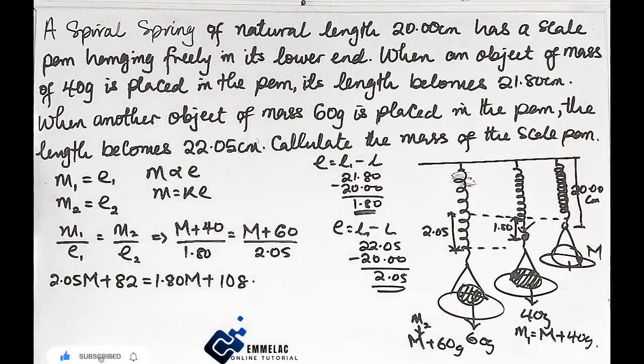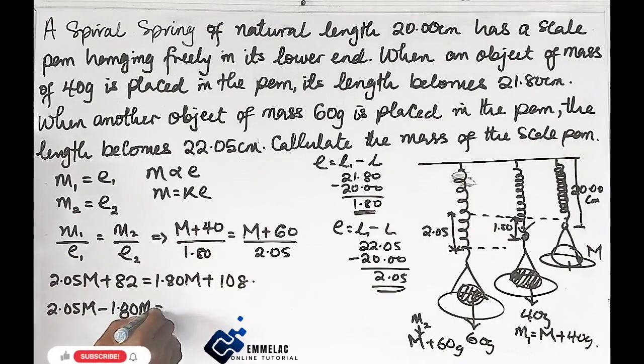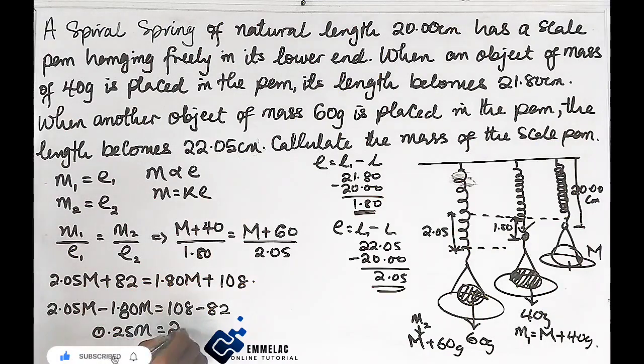Now let us collect like terms. We now have 2.05 M minus 1.80 M equals 108 minus 82. So 2.05 minus 1.8 gives us 0.25 M equals 108 minus 82, which gives us 26.